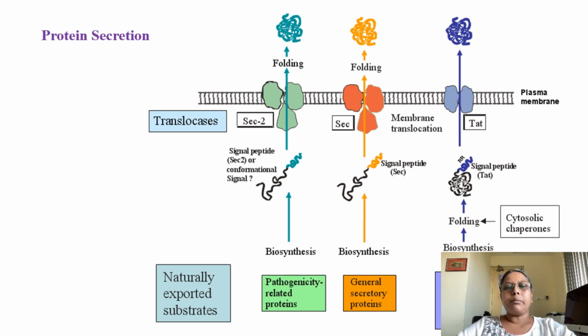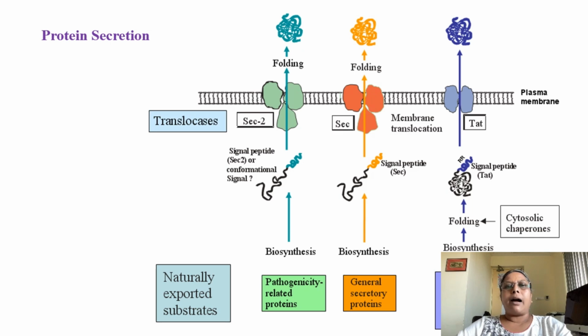The Sec system exports proteins and also inserts integral membrane proteins into the membrane. On the other hand, certain other proteins which need to be transported into the periplasm in a pre-folded manner are transported across the plasma membrane by the TAT system.